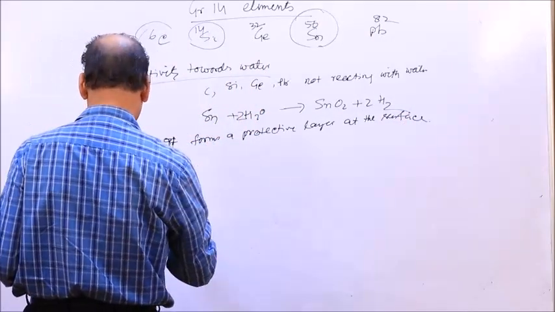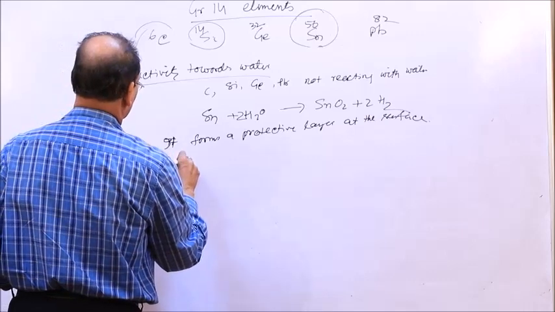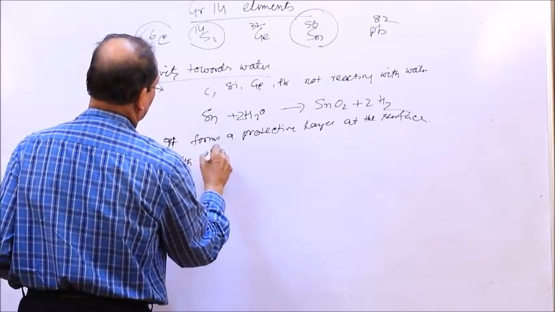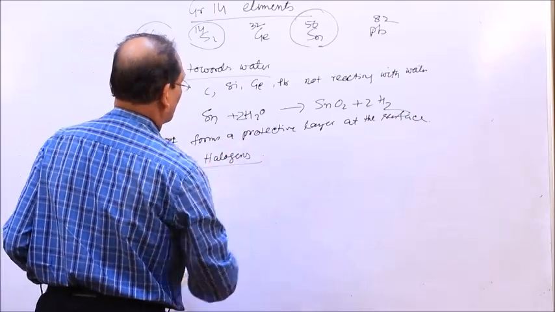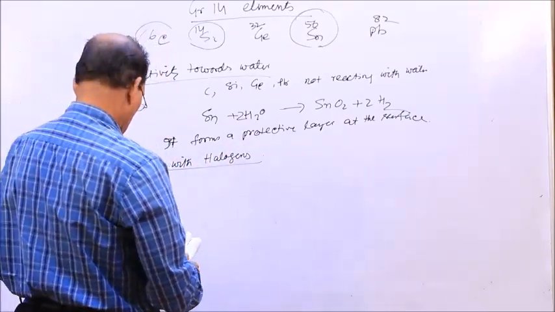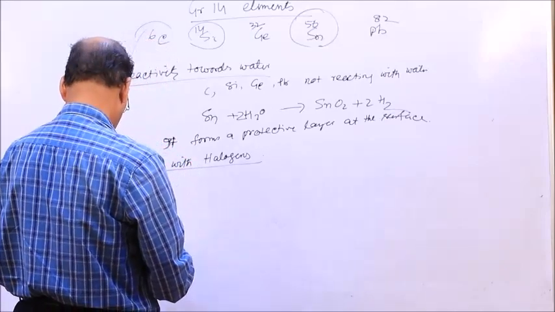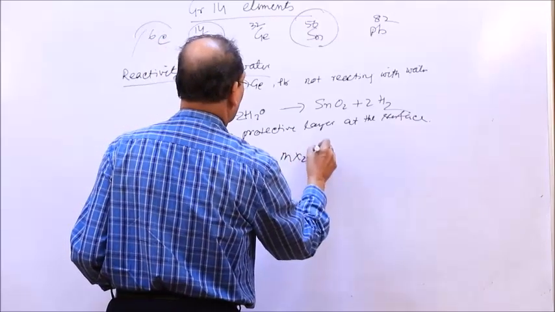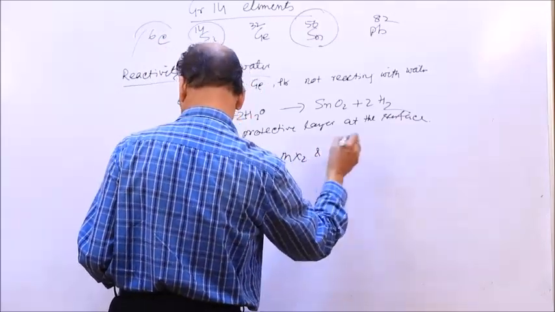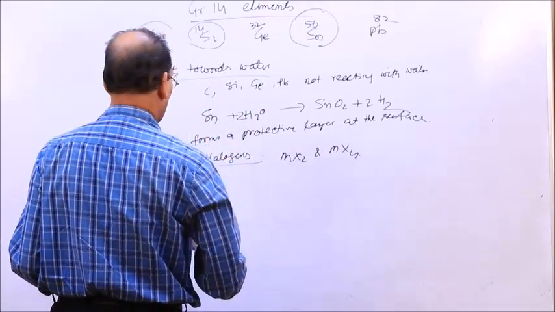Then reaction with halogens. All the elements form halides of MX2 and MX4.